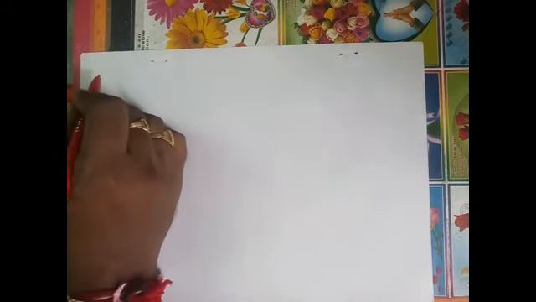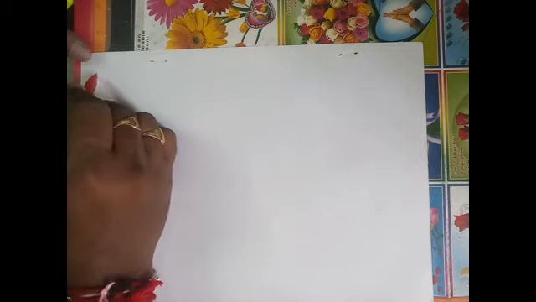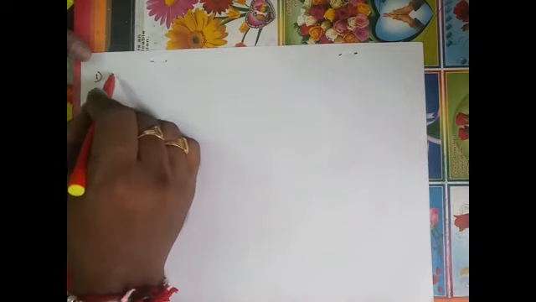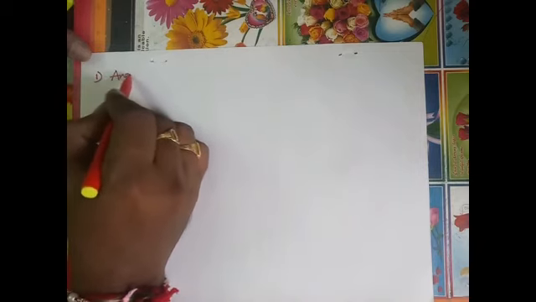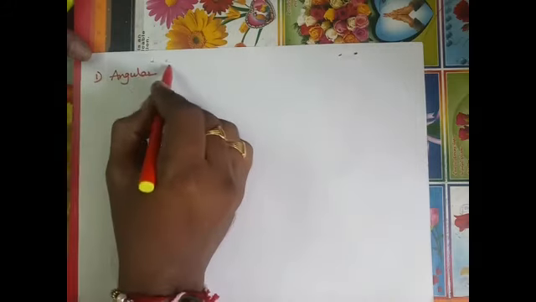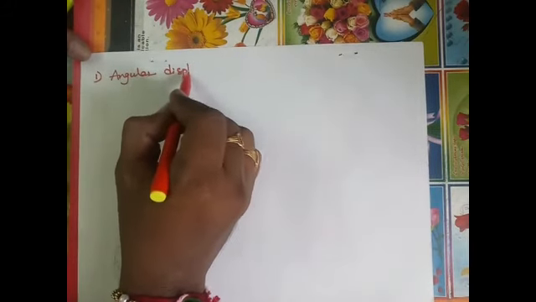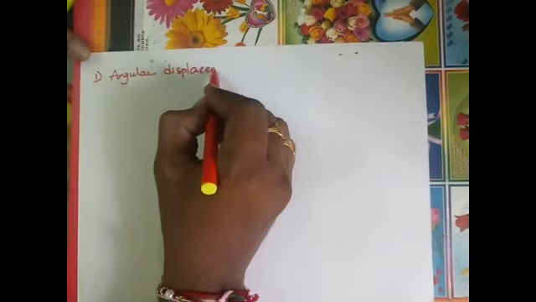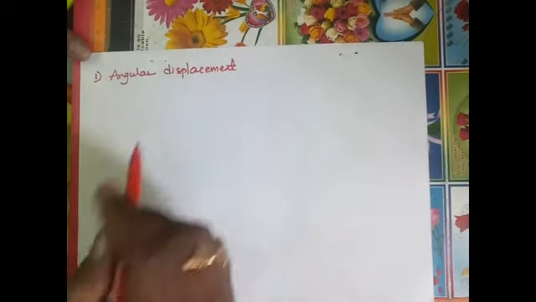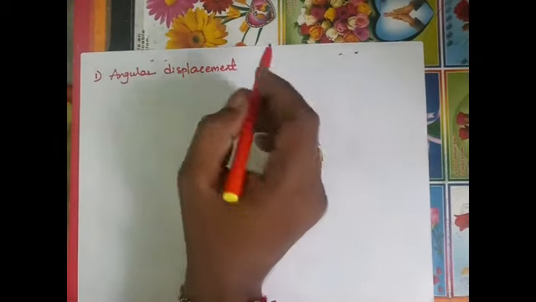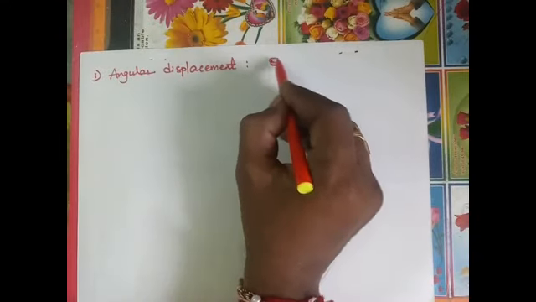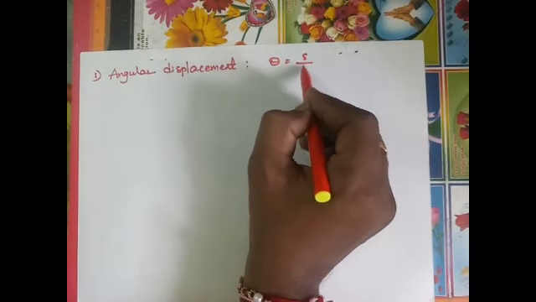First we covered angular displacement. So how can we write angular displacement? Theta is equal to s by r.